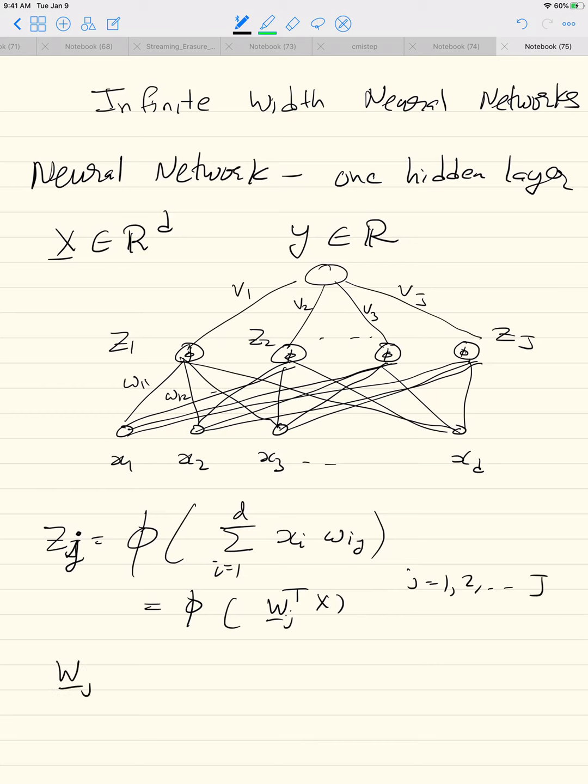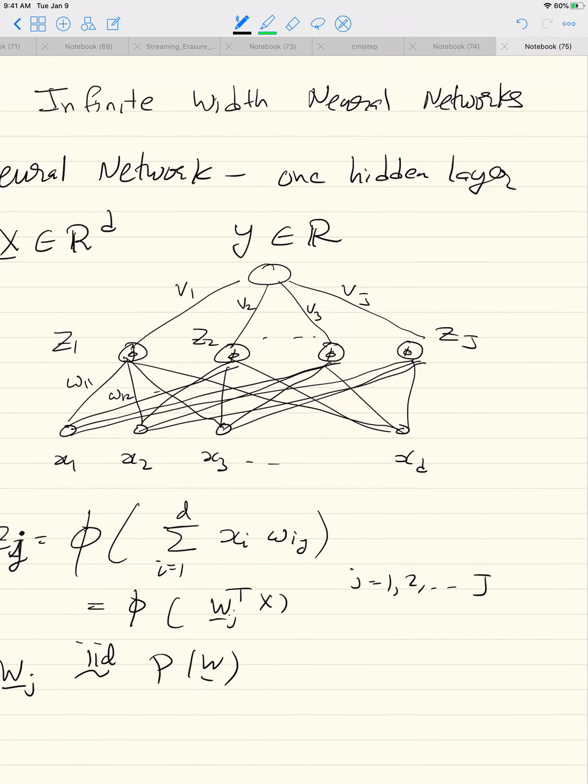We'll assume that the vectors Wj are sampled IID from some generic distribution Pw as initialization. Now the output y will be the weighted sum of the outputs of the hidden layer, so Vj Zj, plus some initialization term.